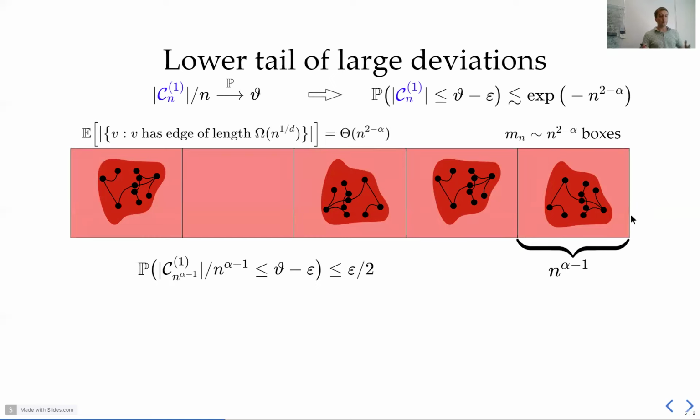Now let's look at the induced subgraphs in those boxes. And because we have this law of large numbers, we can assume that n is very large, so that in a single box, the probability of having no large component, so this is sort of a local giant, is extremely small. Let's say smaller than epsilon over 2.